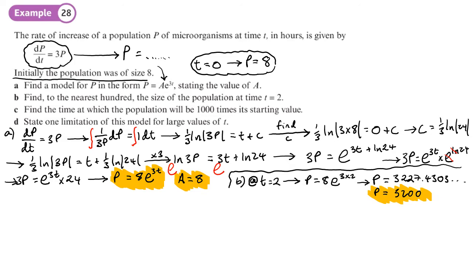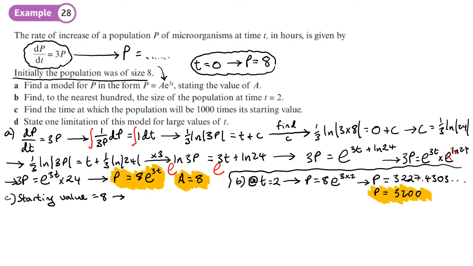Now part C is asking, find the time at which the population will be 1,000 times its starting value. Now the starting value was 8, wasn't it? That's in the question. So starting value equals 8.